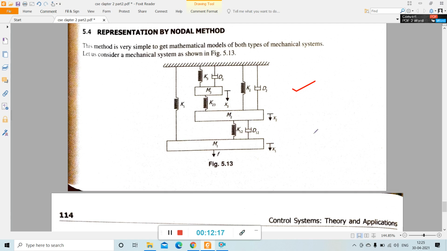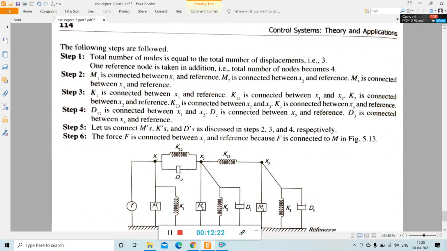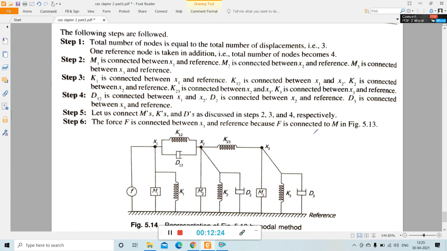So what are the steps we are following? Step 1, the total number of nodes is equal to the total number of displacements. We have x1, x2, x3, but one reference node is also taken. That means the total number of nodes becomes 4: x1, x2, x3 and reference.